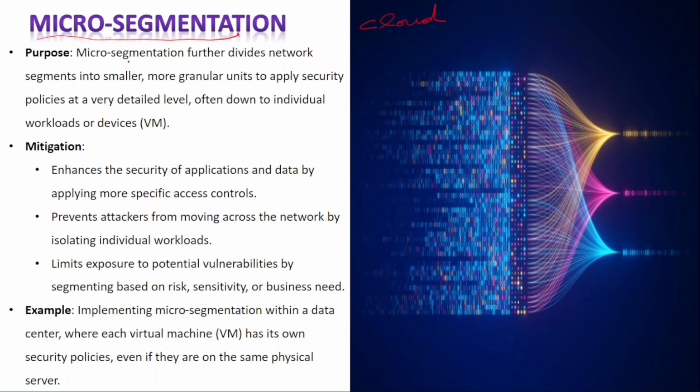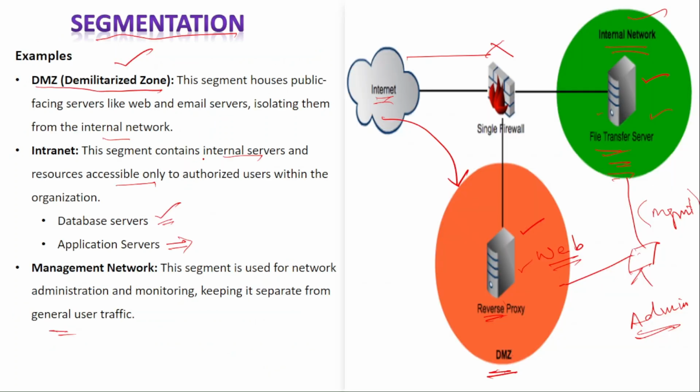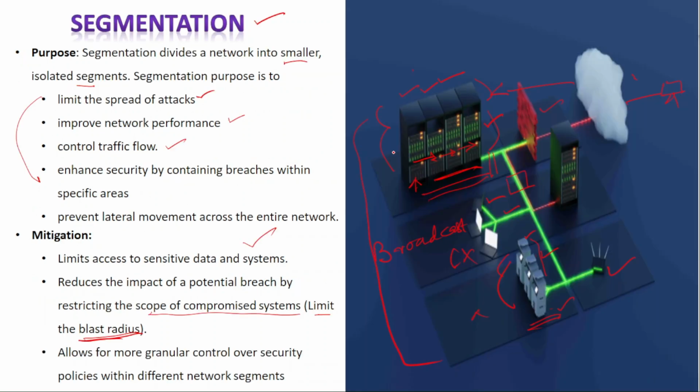And the purpose of microsegmentation is that it further divides network segments into smaller, more granular ones, to apply security policies at a very detailed level, often down to individual workloads or devices. What does this mean? Let me get back to the previous slide. Let me get back.